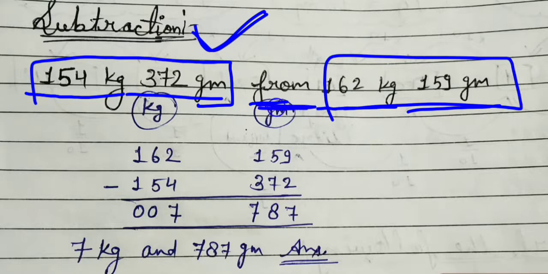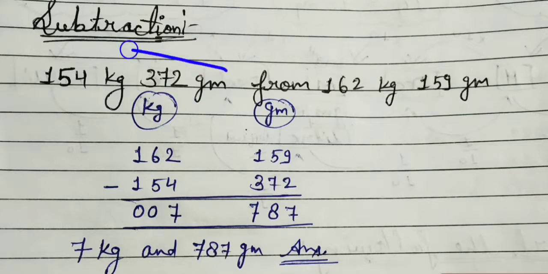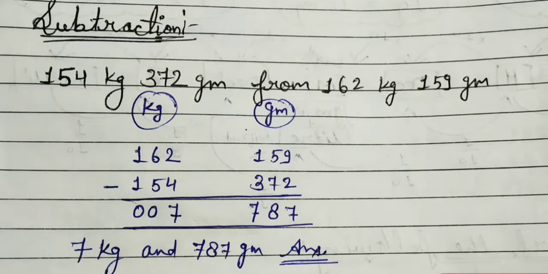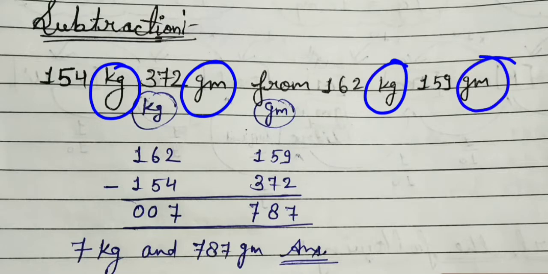But here "from" is written, it means that we have to subtract this first part from this part. It means that first we will put this part, after that we will put the second part. Now you can see the question is given in kilogram and gram, and the second part is also given in kilogram and gram.